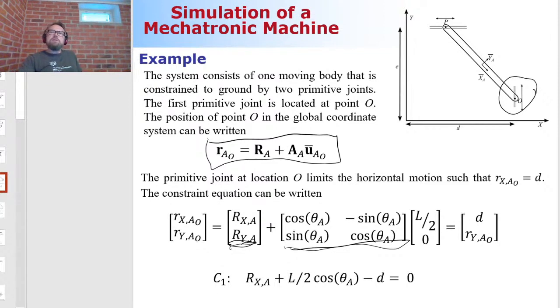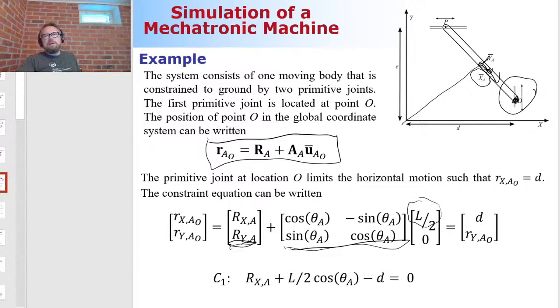But then I know that once I'm here, I'm along the body reference coordinate system. How do I need to travel with respect to this coordinate system to reach this location? The length of the body is L. So obviously I need to travel along the positive x coordinate axis of the body reference coordinate system. That's why this is L divided by 2.